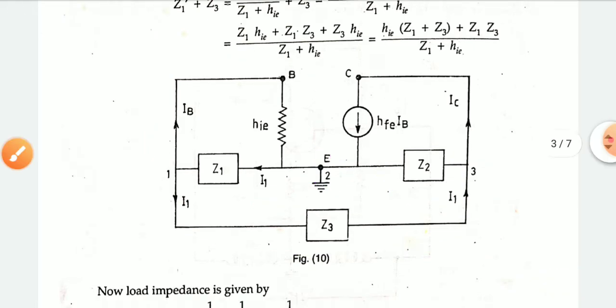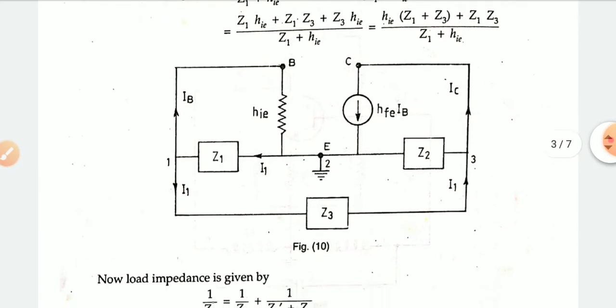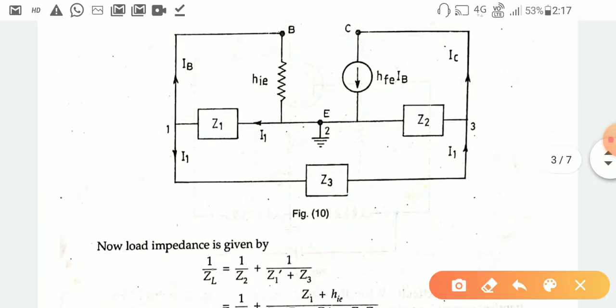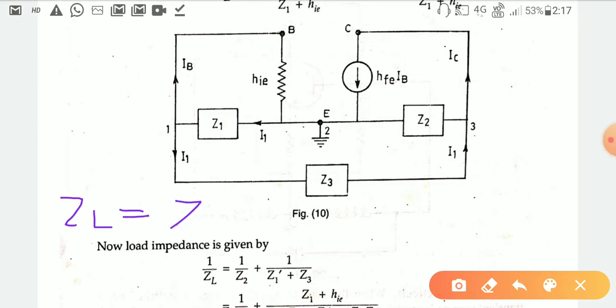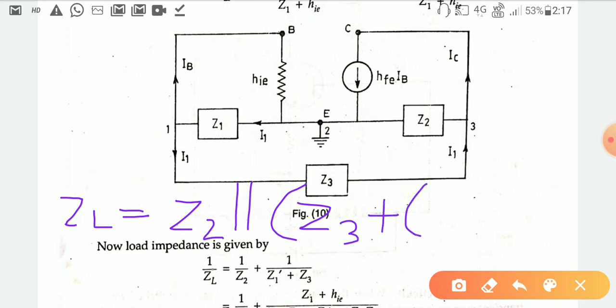It can be written as ZL equal to Z2 parallel with Z3, which is in series with two impedances: one is Z1 parallel with hie.